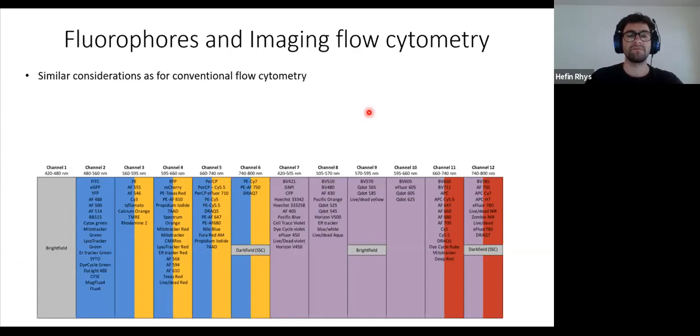Another consideration that's important is that because you're working with only 2 distinct optical paths, so the blue and the yellow lasers are collinear, and distinct from those, the violet and the red are collinear, you need to be careful in terms of what fluorophore combinations you choose.